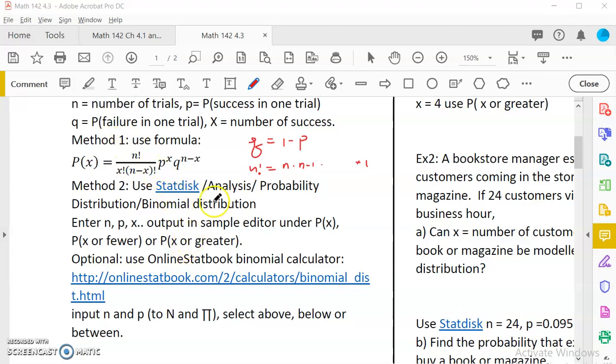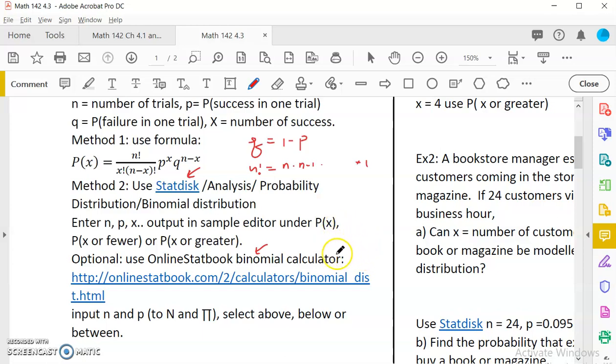There are two that I pick. One is pretty straightforward to use, but it's a little abstract because there's no graphical display. The other one is the online Statbook Binomial Calculator. This one is a little nicer because it has pictures of the histogram, so you actually know what x you are talking about.